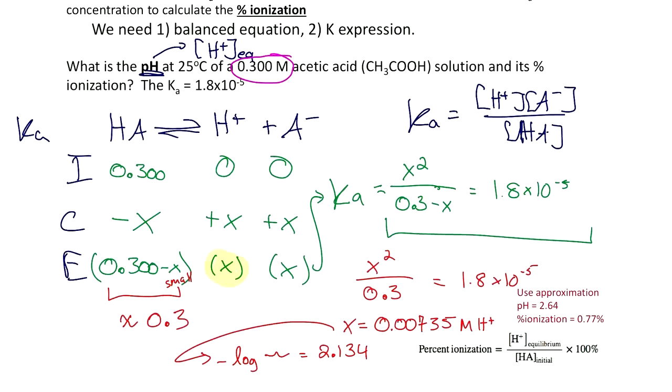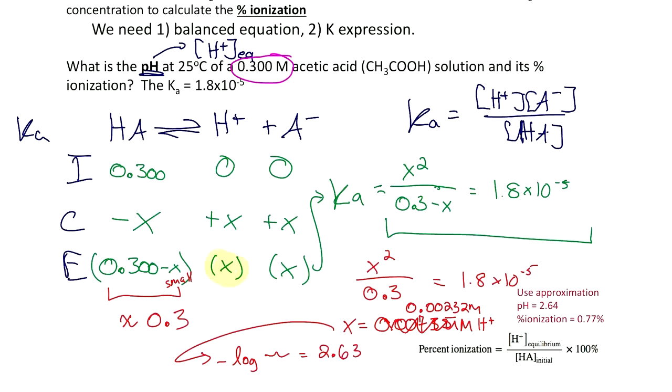What did I do wrong? 1.8e negative 5, oh my gosh. 1.8e negative 5 times 0.3, that's why. Okay, yes, my concentration is 0.00232. Is that right? Yes, okay.